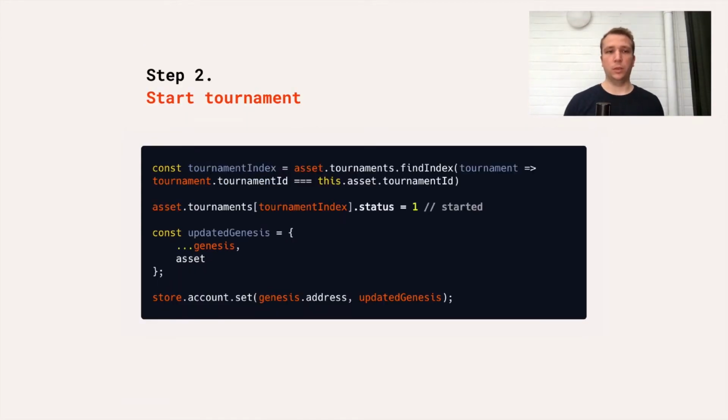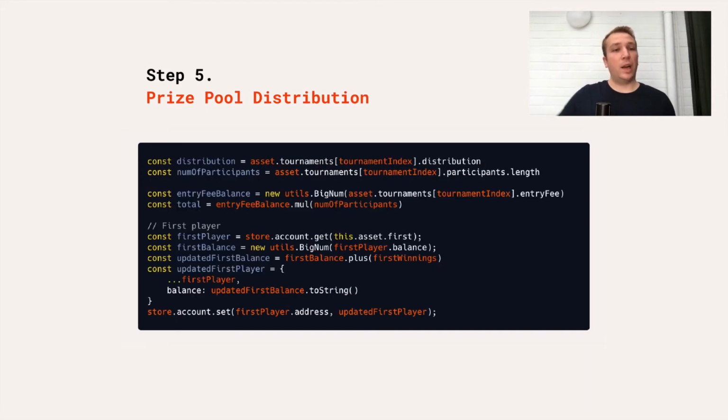Step 2 was to start a tournament, a very easy custom transaction where we toggle the status, which has the values 0, 1, or 2, where 1 is started. Step 4 was to stop a tournament, where status equals 2, and update the asset store, of course.